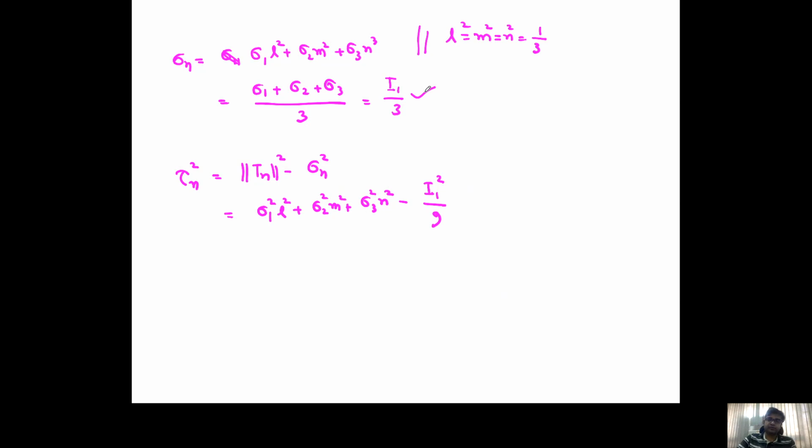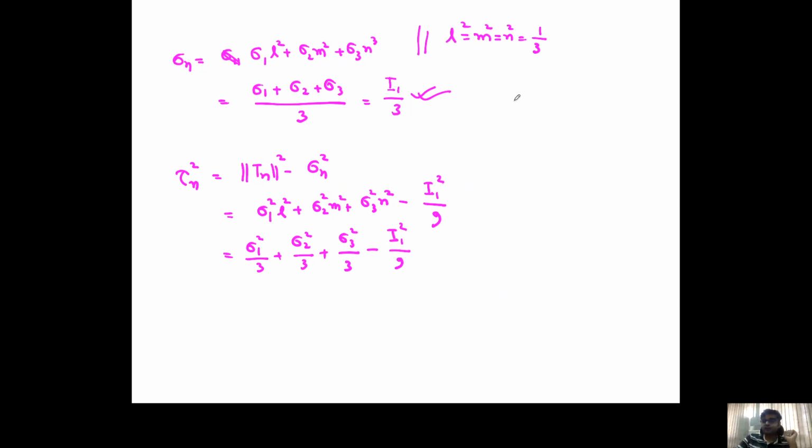So this is from this expression, right? Now if I put the value of l, this is basically sigma 1 square by 3 plus sigma 2 square by 3 plus sigma 3 square by 3, minus I1 square by 9.